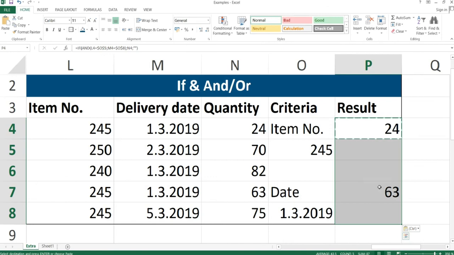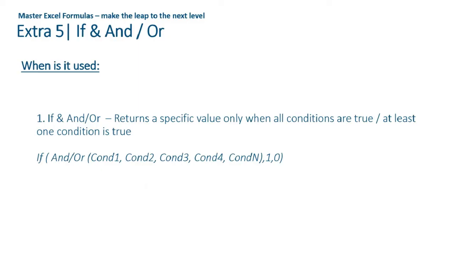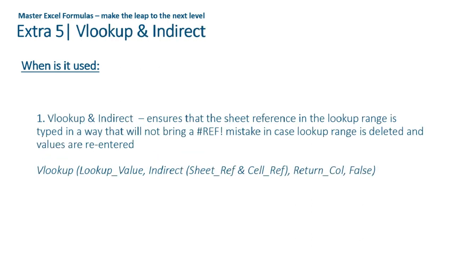Going back to the presentation, the next combination of formulas is VLOOKUP and INDIRECT. INDIRECT was discussed in part 6 of this course, and basically it ensures that a correct or valid reference is put within a formula.